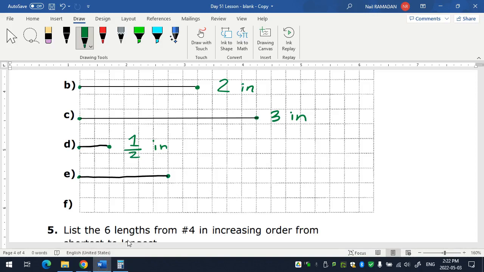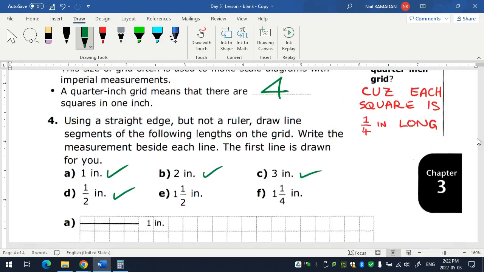Sorry. Hold on. No, no. It's 1 and 1/4. How many squares is 1 inch? And how many squares is a fourth of an inch? 1.